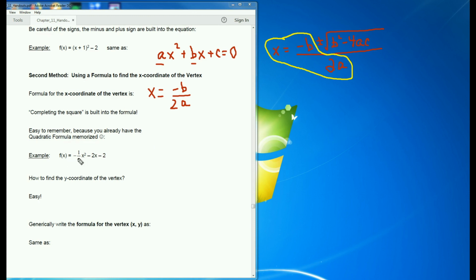f of x equals negative 1/2 x squared minus 2x minus 2. We want to find the vertex, so x equals negative b over 2a. All right, so let's see, b is negative 2. So in other words, the negative of negative 2 over 2 times a, which is negative 1/2.